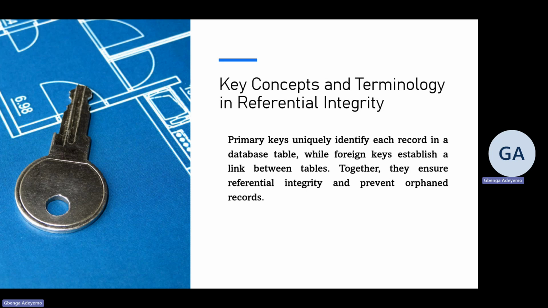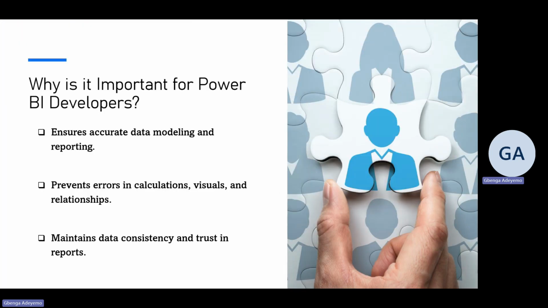These two concepts, primary and foreign keys, ensure that referential integrity occurs in table relationships, and they also prevent orphaned records. Now, why is it important for a Power BI developer to understand referential integrity? Because as a Power BI developer, you are going to ensure that your data model and report are accurate.